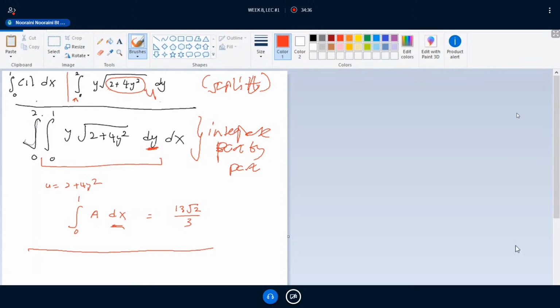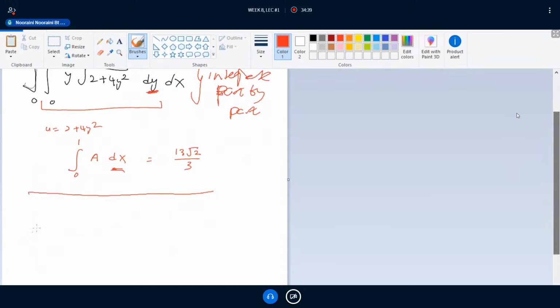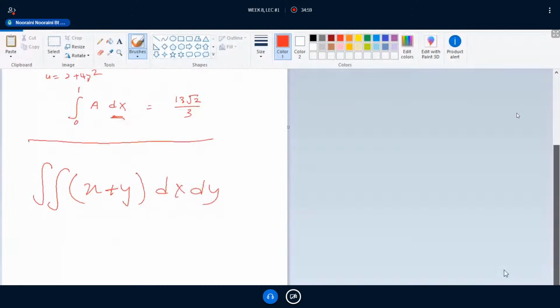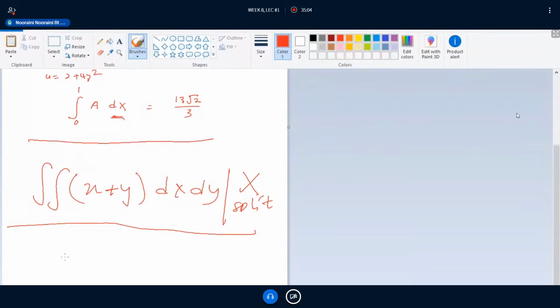For an example that cannot be split, I will just give the example but I don't solve it. An example you cannot split is maybe x plus y: integrate with respect to x, integrate with respect to y. This one cannot split. The function that you can split is, for example, a function of x and a function of y, the product between the function of x and the function of y.